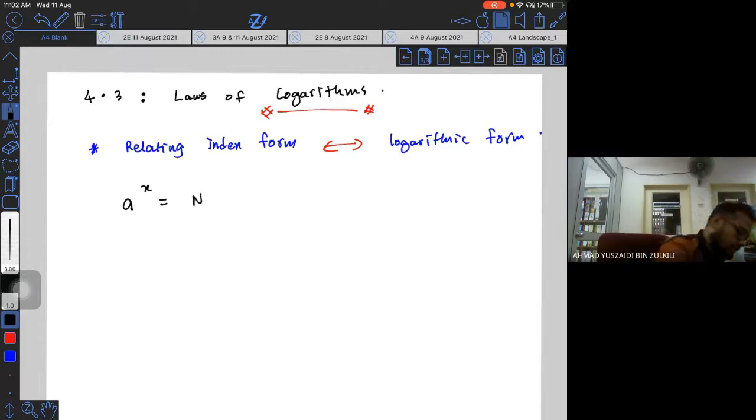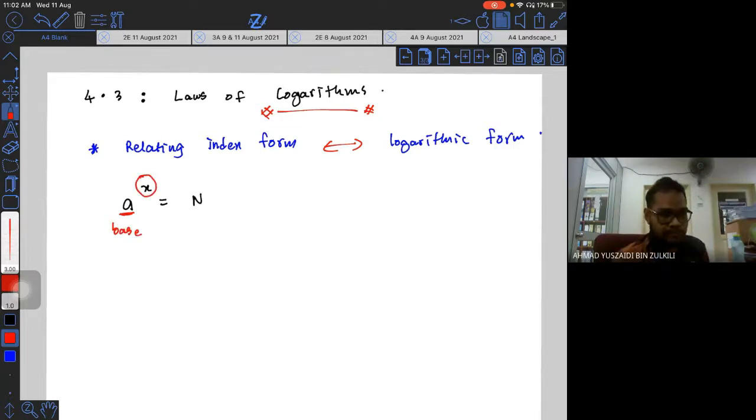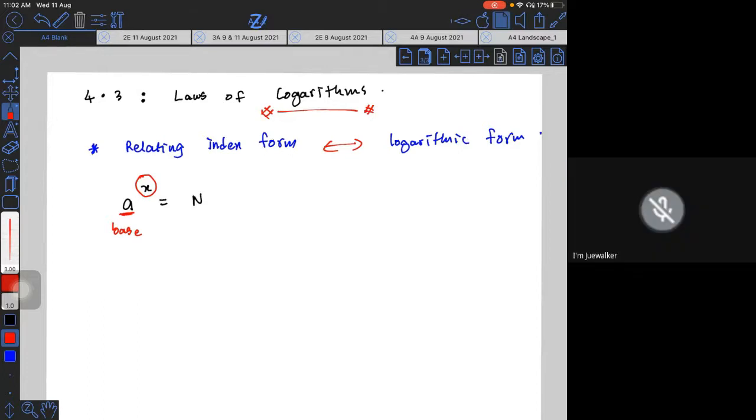What does A represent in index? Yes, base. x represents power or index.